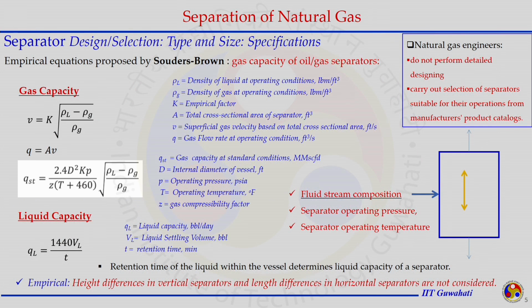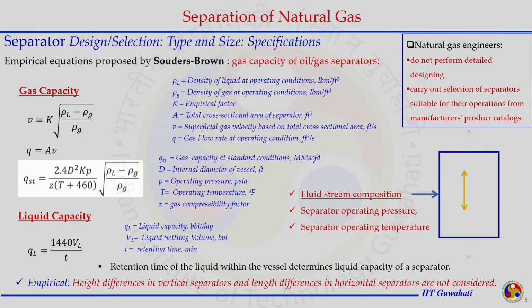If we go further, what we see is the design criteria for a separator. If we have a choice to choose a particular type and size of separator, we should first be able to estimate what the specification of that separator should be. Mostly natural gas engineers do not design the separator, but they understand the need for it.